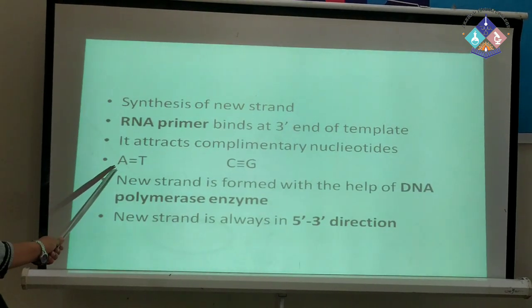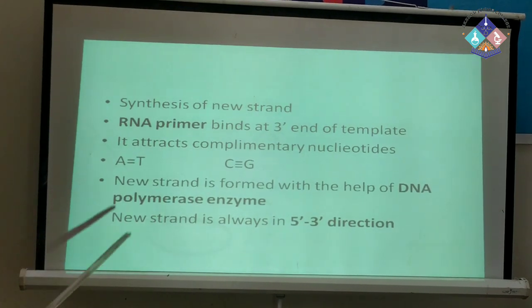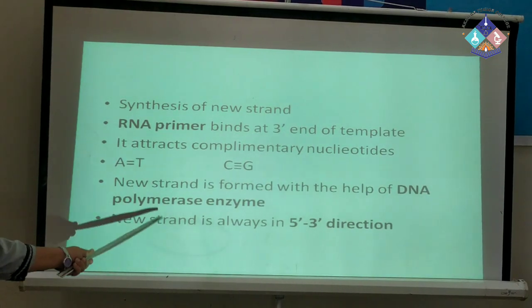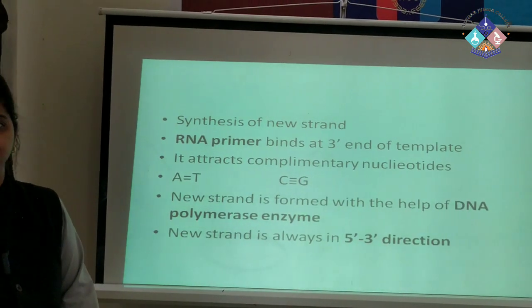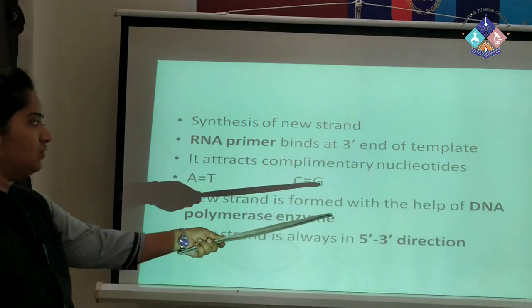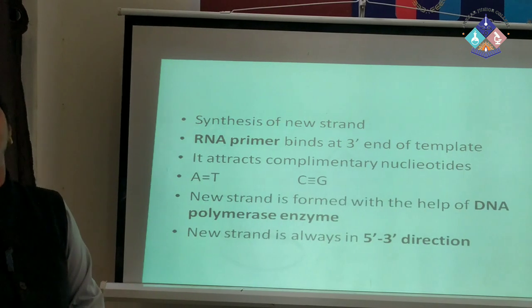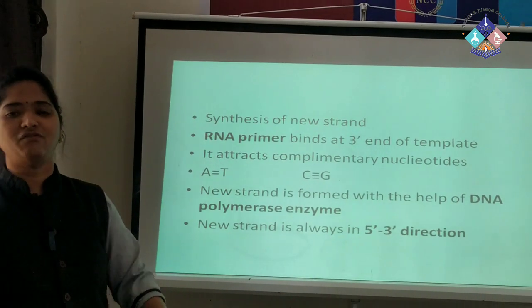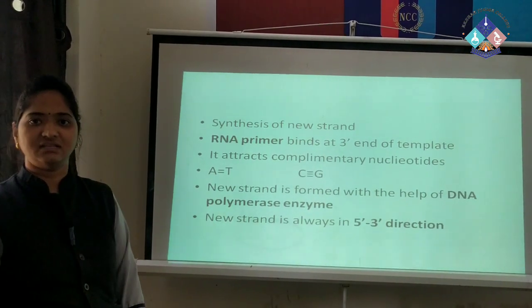So these complementary nucleotides are attracted by the RNA primer, and as nucleotides are attracted one by one, a new DNA strand is synthesized with the help of the DNA polymerase enzyme. Very important, and a point to remember: the DNA polymerase enzyme helps in the formation of a new DNA strand, and the new DNA strand always forms in the 5' to 3' direction.